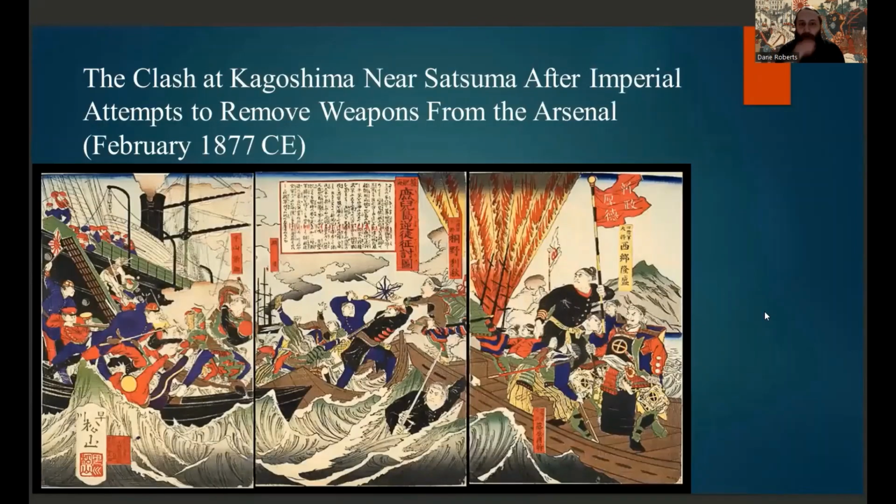Upon hearing about this, and about the stockpiling of weapons, the imperial military was sent by the imperial government to remove the weapons from these arsenals, which led to a clash at Kagoshima near Satsuma in this attempt to remove these weapons in February of 1877 CE.